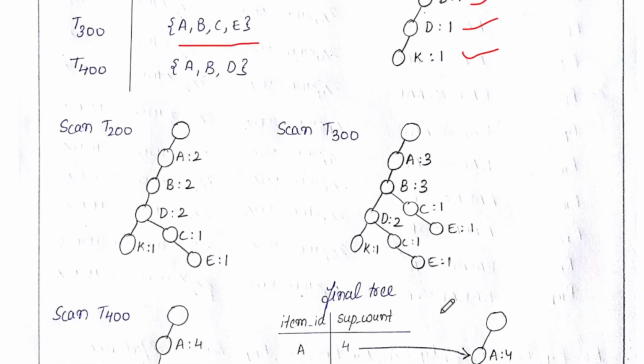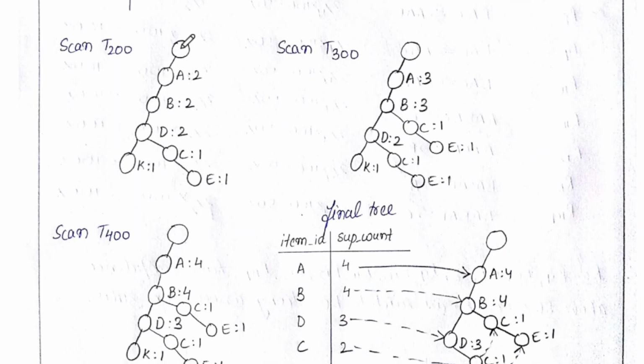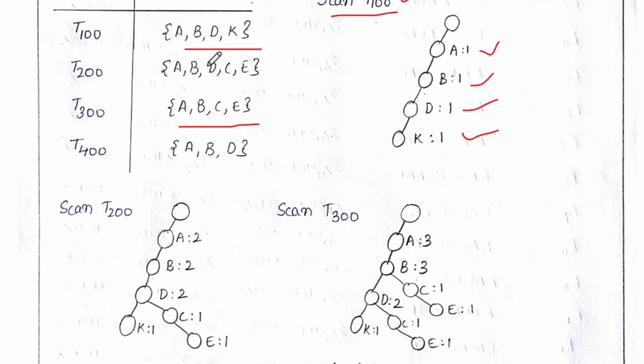Next we go to transaction T200. Here I have A, B, D, C and E. What is my A here? A is 2, because it already had a count of 1 and it is repeated in the second transaction, so I update it to 2. B is also updated to 2, and D is also repeated, so it is 2.